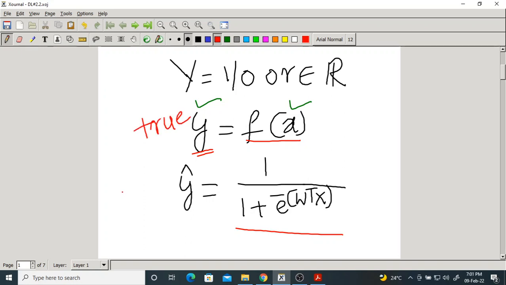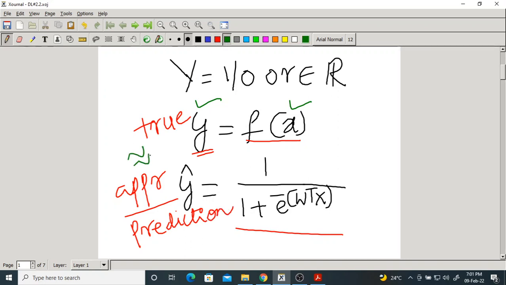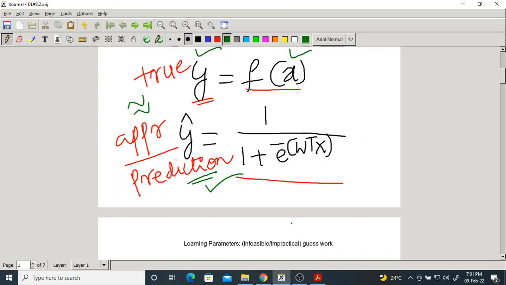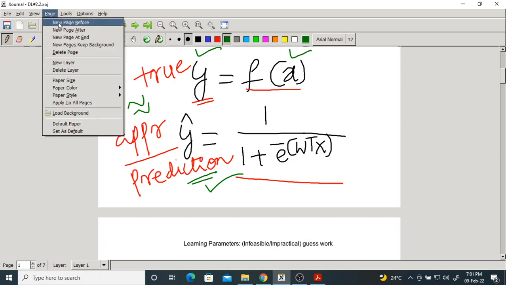This is the approximation or prediction. If both happen to be the same or approximately equal, then our prediction is perfect. Okay. Now obviously there will be errors, right? So that can be dealt with what?